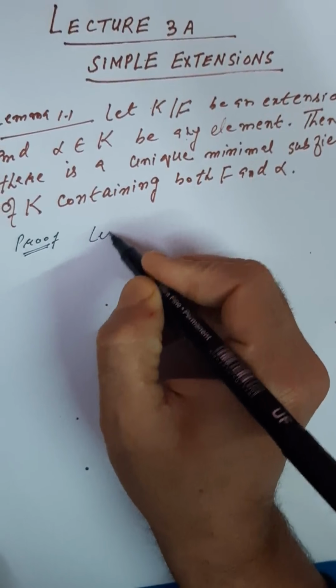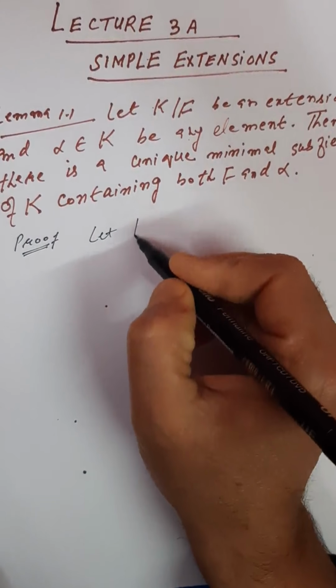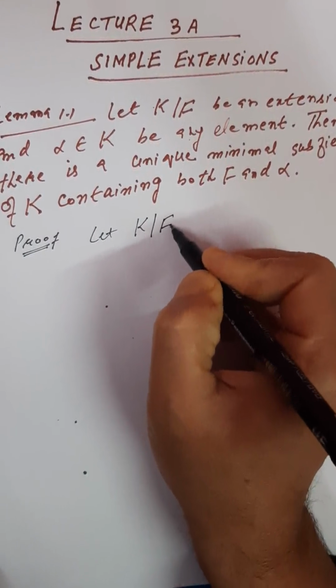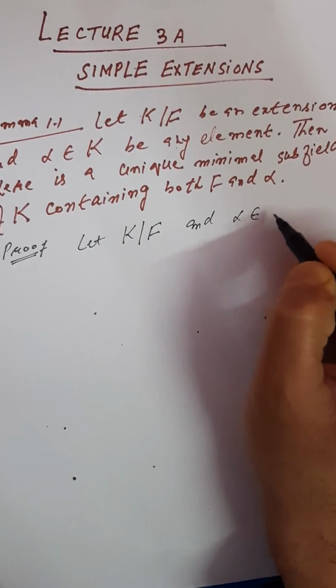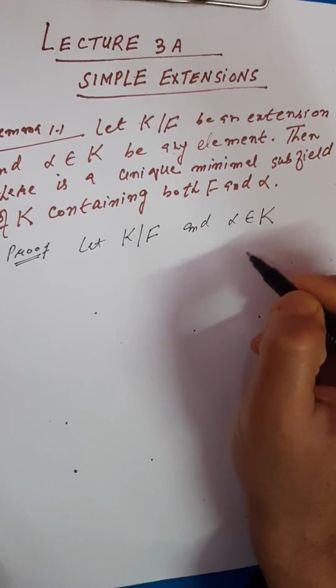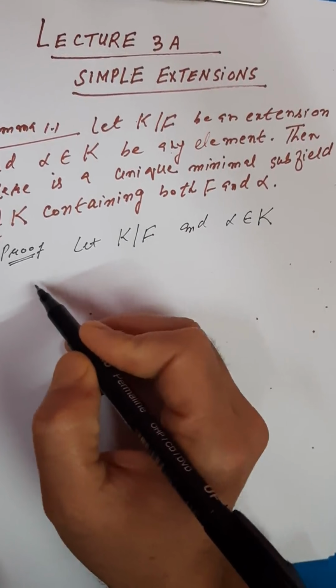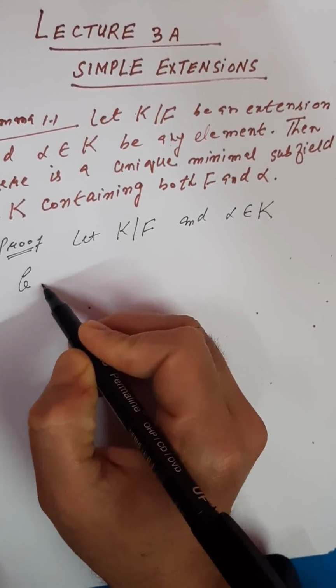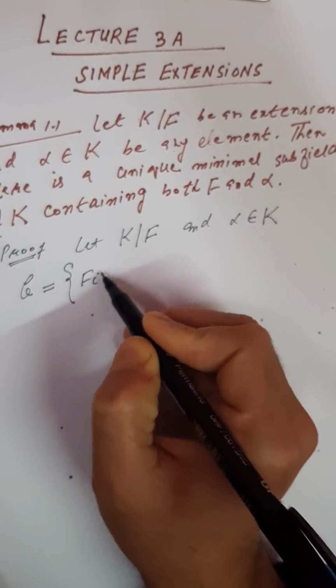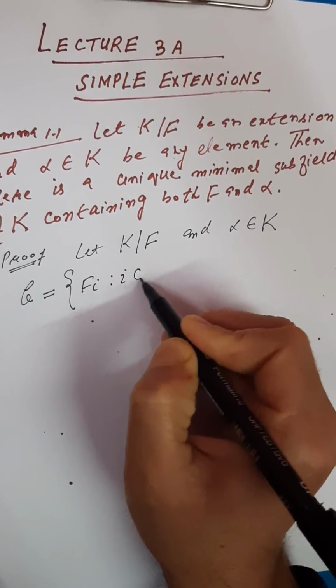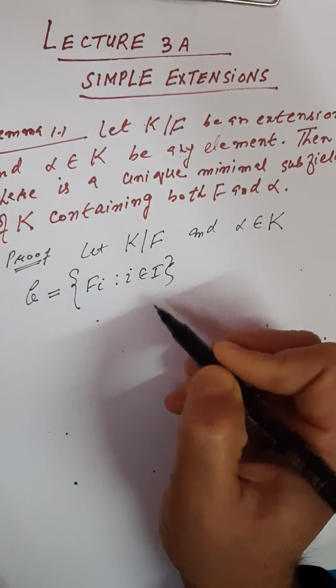So let K be an extension of F and let alpha belonging to K be any element. Now you take this family of fields Fi, i in I. What is this family?